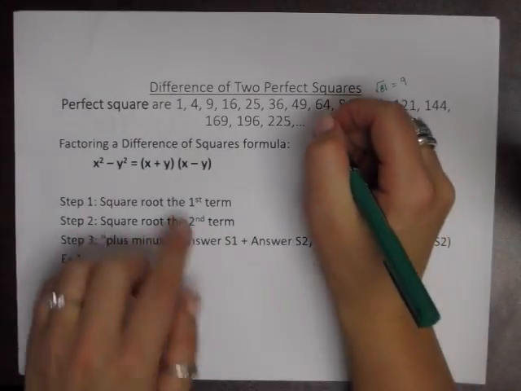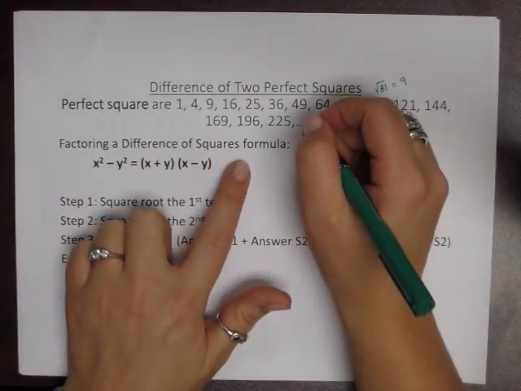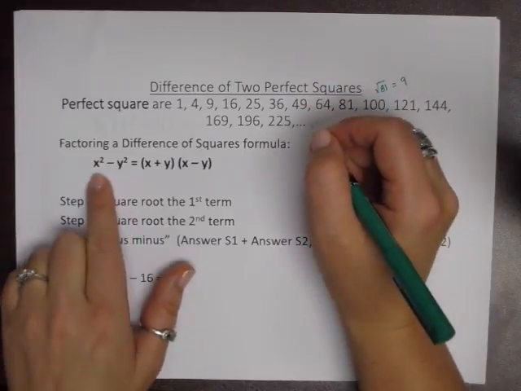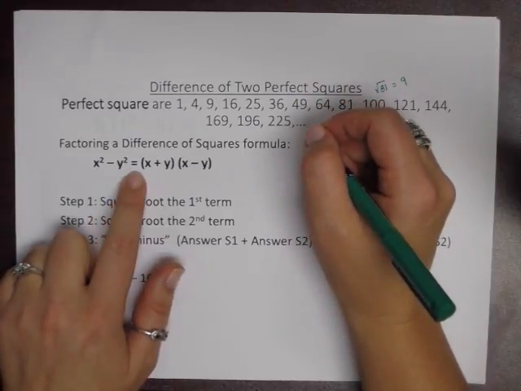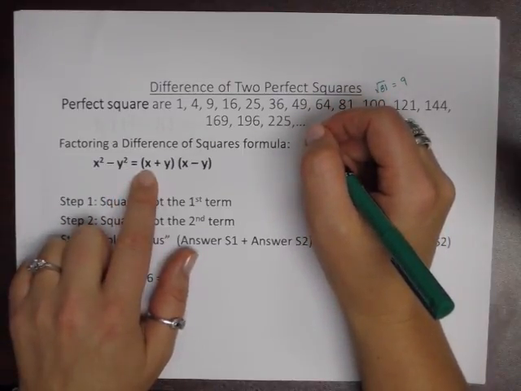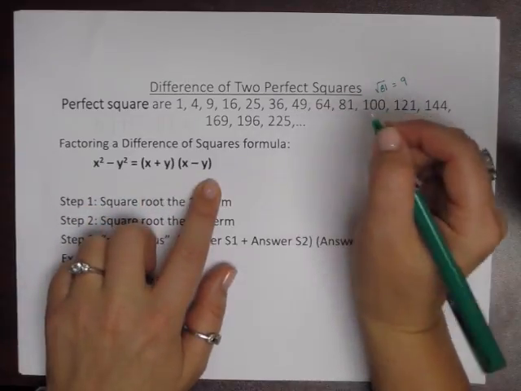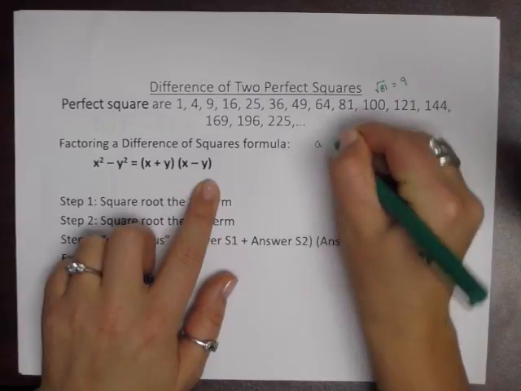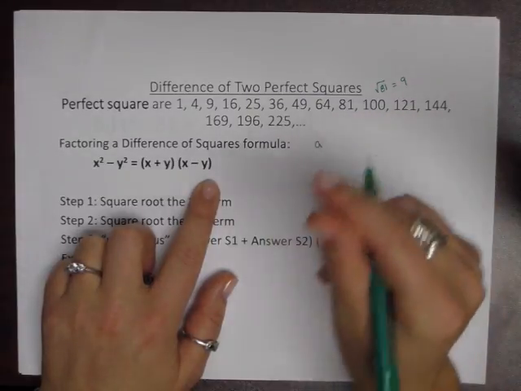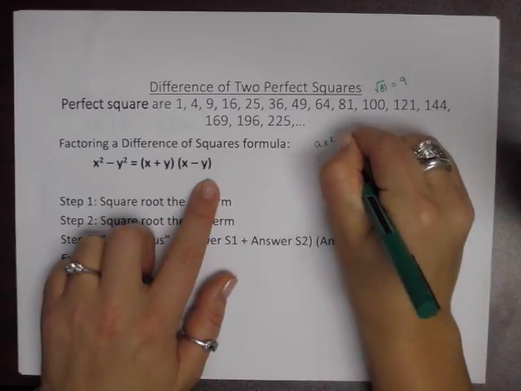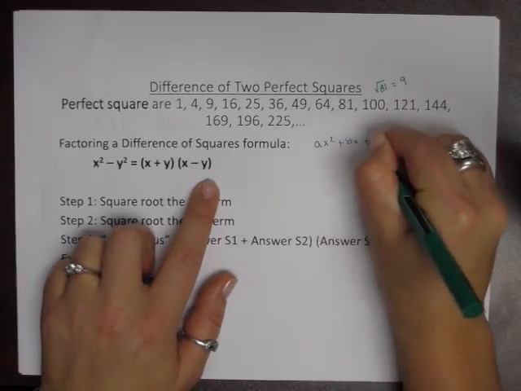Okay? So the factoring the difference of squares formula is x squared minus y squared equals x plus y, parentheses, times x minus y. So whenever I know that I have a difference of 2 perfect squares, I'm going to have ax squared plus bx plus c.